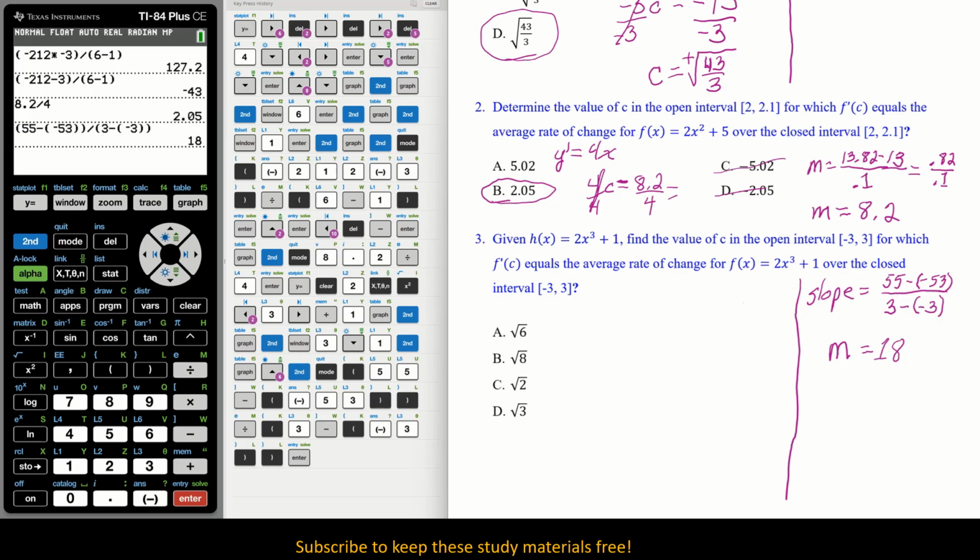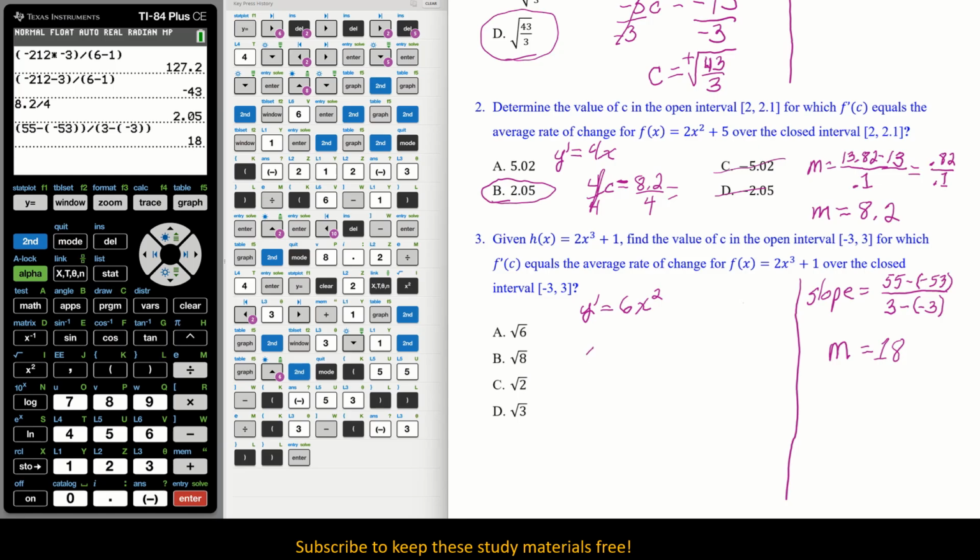All right. Now we need our y prime, our first derivative. So take your first derivative. I'll say y prime equals 6x squared. Now we need to put in our c.